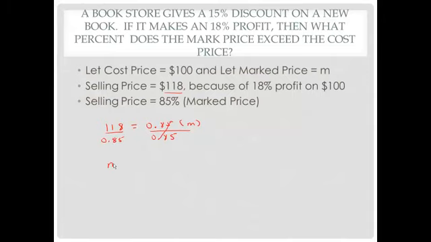So if I divide 118 by 0.85, we come up with $138 and about 82 cents. So the marked price was $138.82. That's what the tag had on it, $138.82.